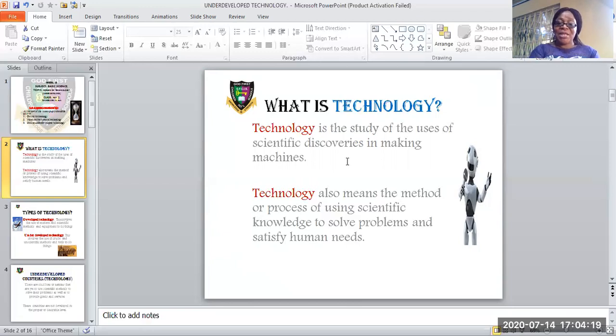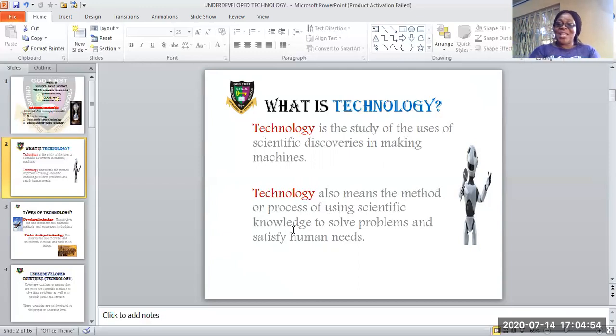What is another meaning of technology? Like we said, technology also means the method or the process of using scientific knowledge to solve problems and to satisfy human needs or human wants. It is a method in science, scientifically carried out to solve problems.